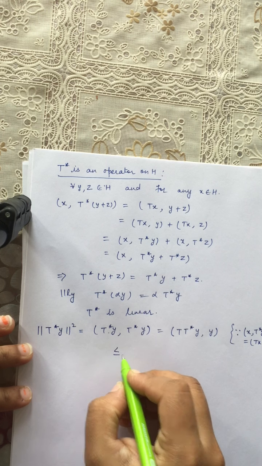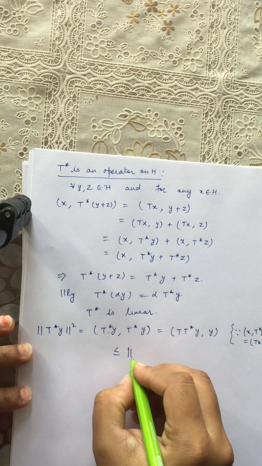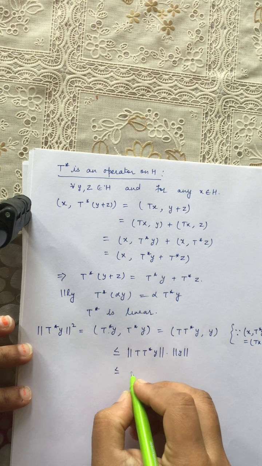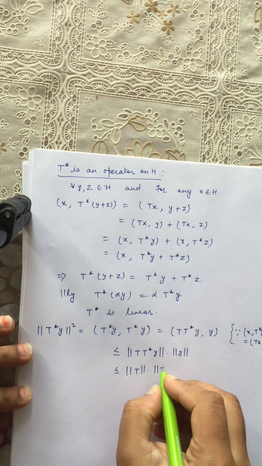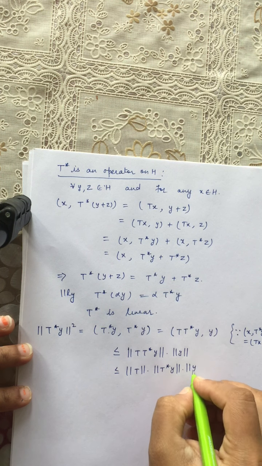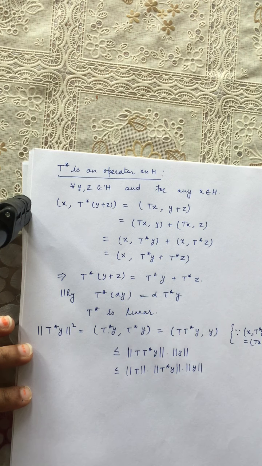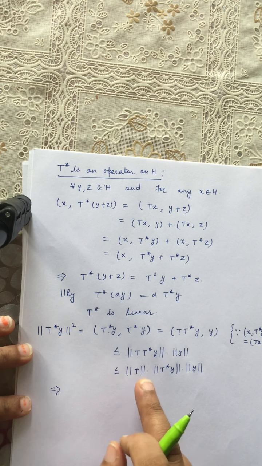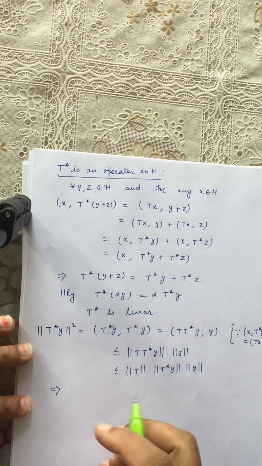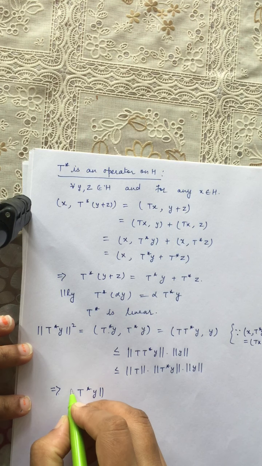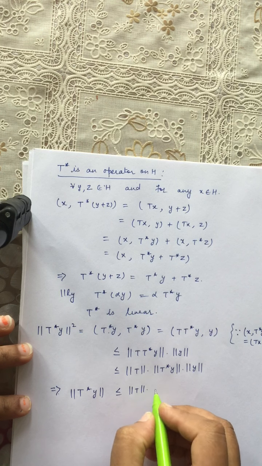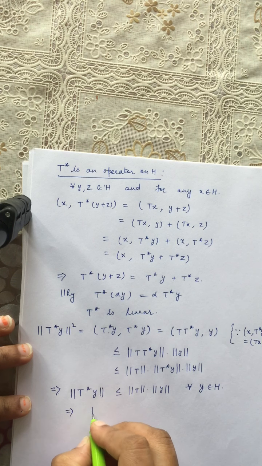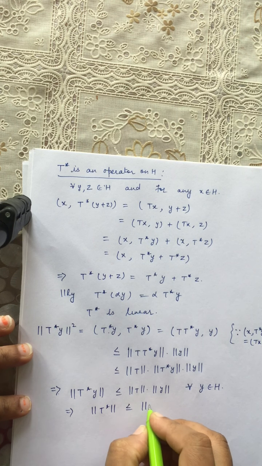So again by Cauchy-Schwarz inequality, the inner product ⟨x, y⟩ is less than or equal to norm of x into norm of y, and further this is less than or equal to norm T star y, norm y. Now this implies norm T star y squared is less than or equal to this. So this quantity can be cancelled from both of the sides. So this is less than or equal to norm T, norm y, and because this is true for every y in H, we can say norm of T star is less than or equal to norm T.